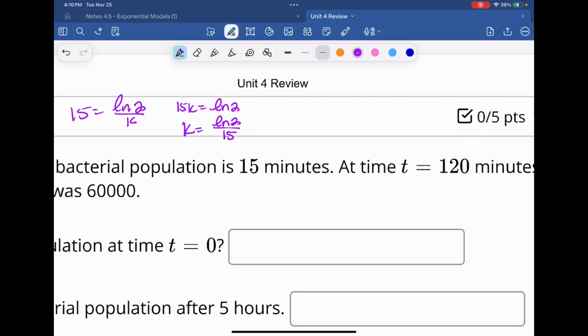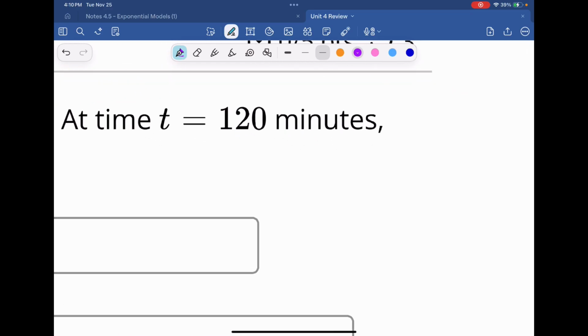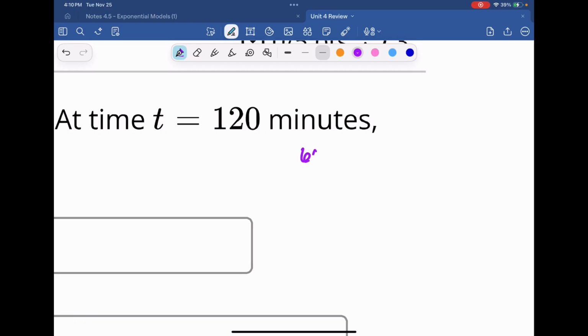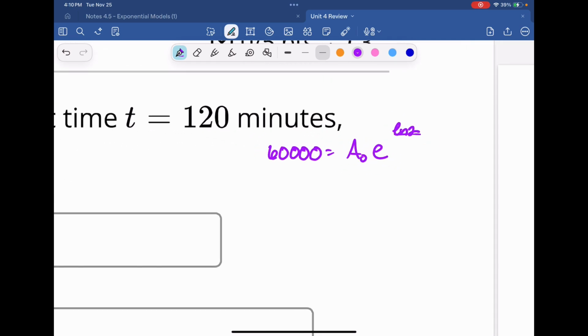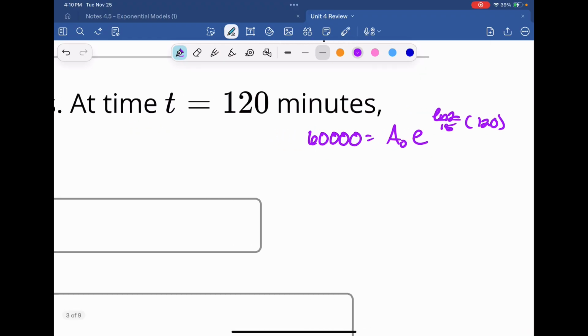All right. So, is it 60,000? We don't know A0. We know the k is the ln of 2 over 15. Oh, we know the time is 120. All right, so I'm basically going to divide by this e.